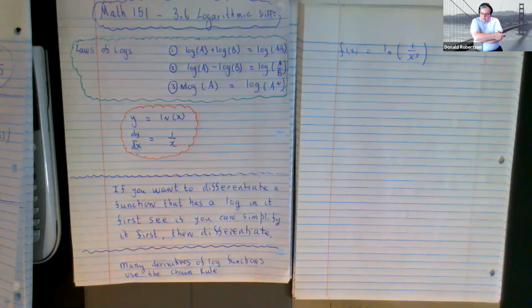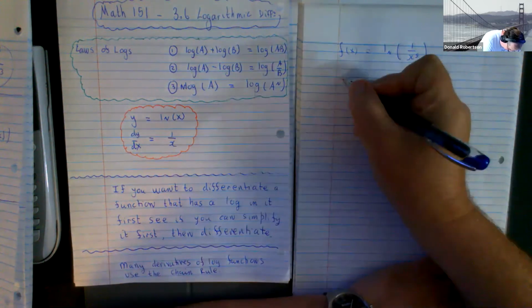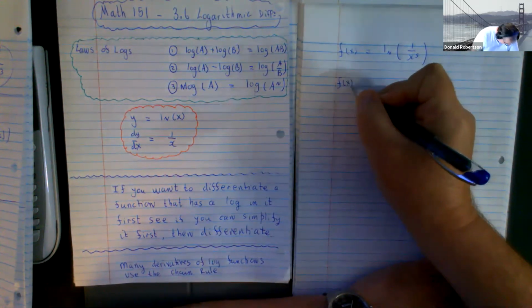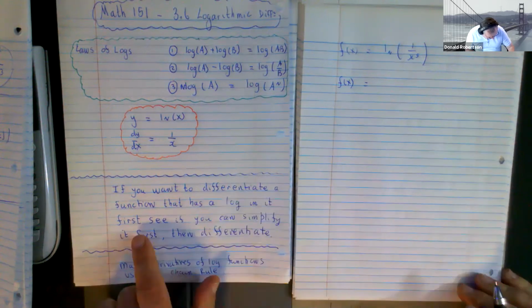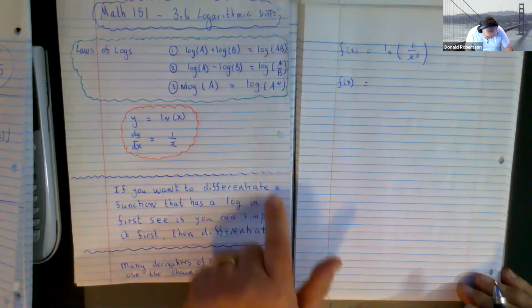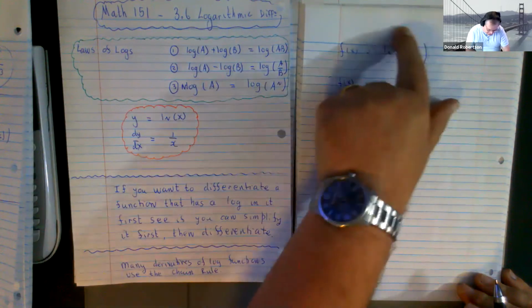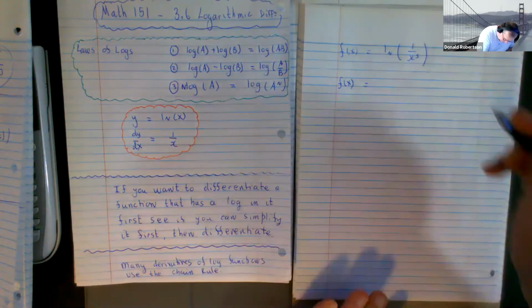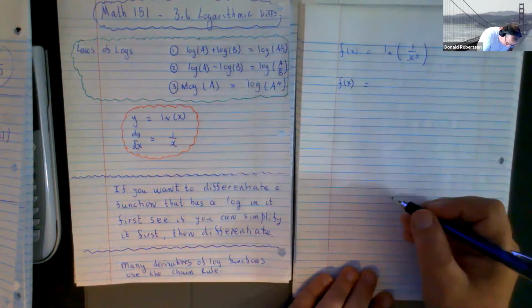Right, it's just got weird powers in it. So I'm not going to do that yet. I'm going to see if I can use these laws here to rewrite this in a format that's going to make the derivative simpler.